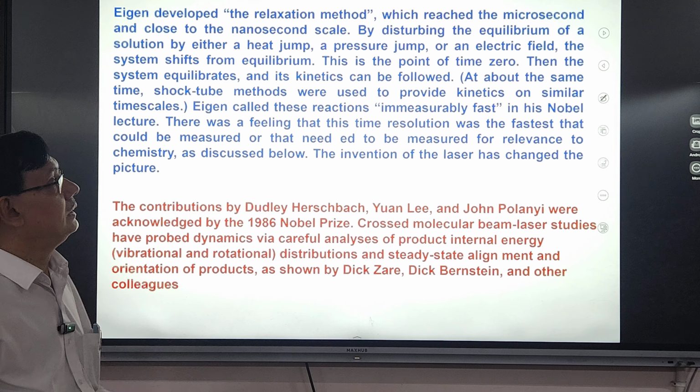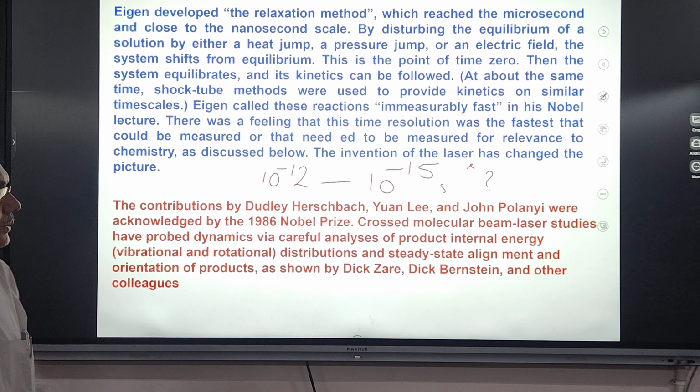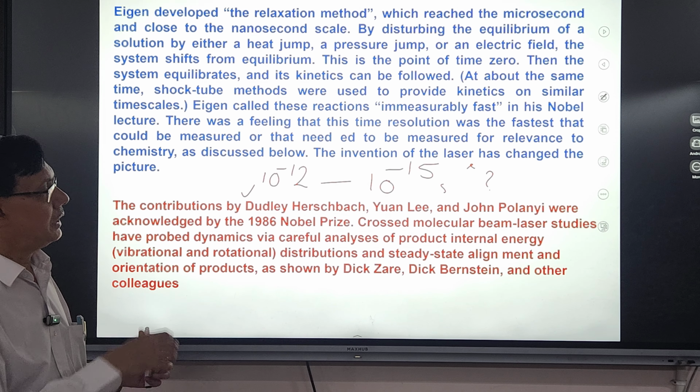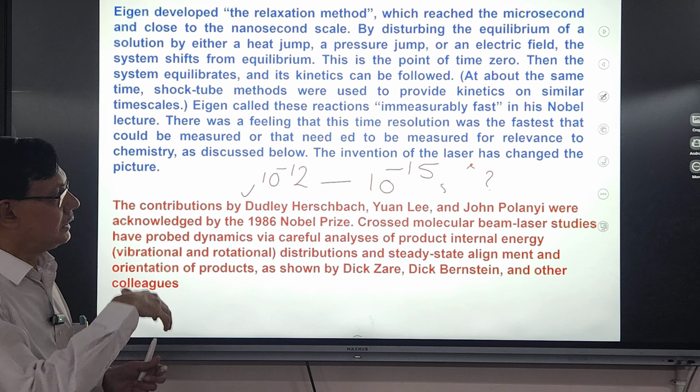They have also tried to catch that transition state. So these are all the further developments. Polanyi, Lee, and there is also the Nobel laureate of 1986. But ultimately, these methods are not suitable. I am not saying these methods are not good, but not suitable to study this type of thing.